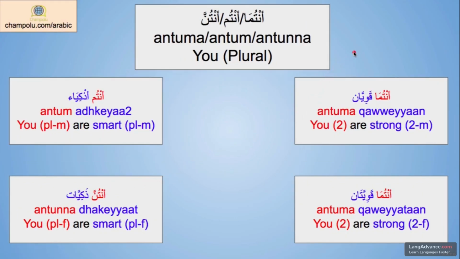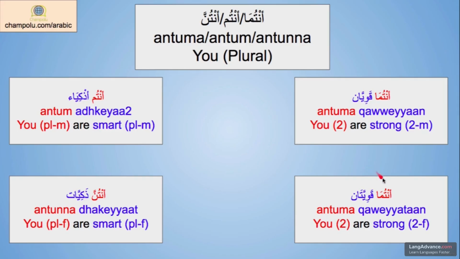And when you're addressing a group of people, notice that there is a difference between dual and plural. So if you're addressing two people and want to tell them that they are strong, you say أنتما قويان. When you're addressing two male people, أنتما قويان.